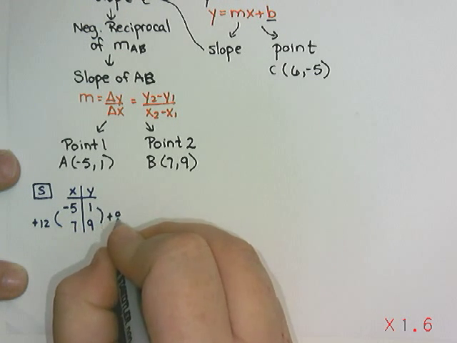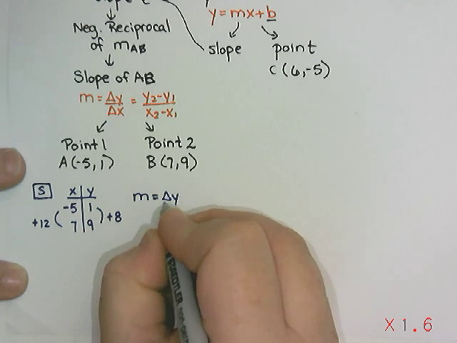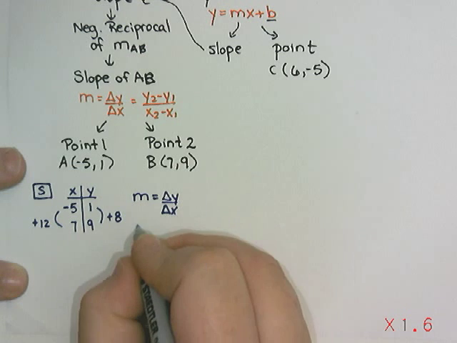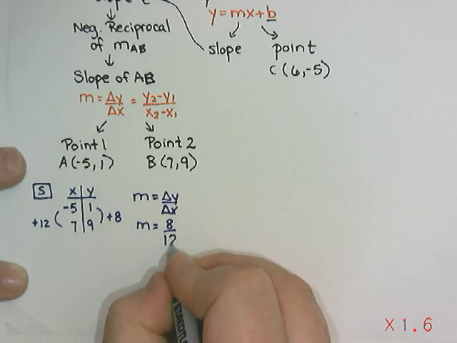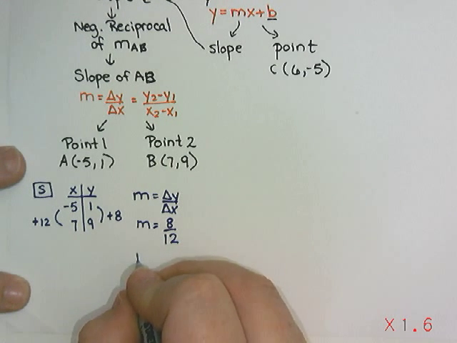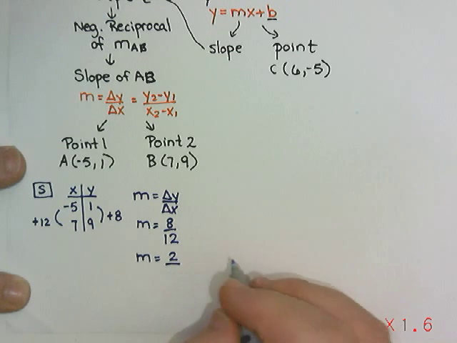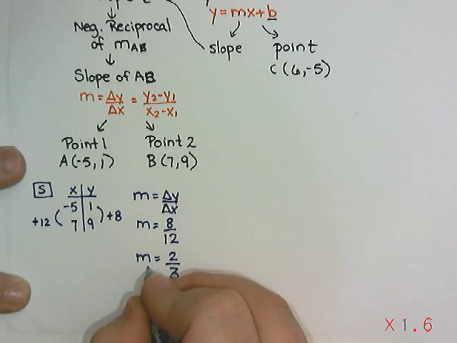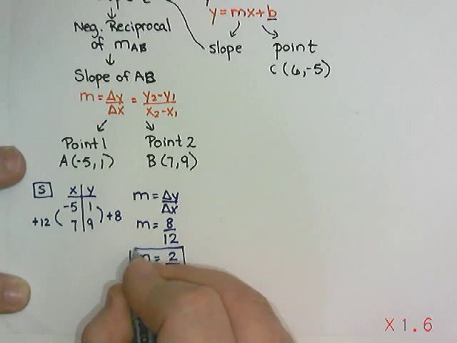We added 8, which means the slope is delta y over delta x. Delta y is going to be 8. Delta x is going to be 12. And I can reduce that. 8 and 12 both divide by 4. 8 divided by 4 is 2. 12 divided by 4 is 3. So the slope of AB is 2 over 3.